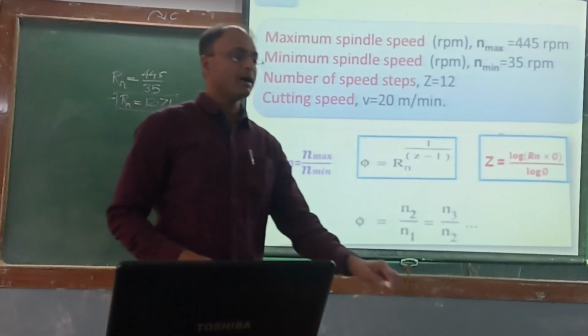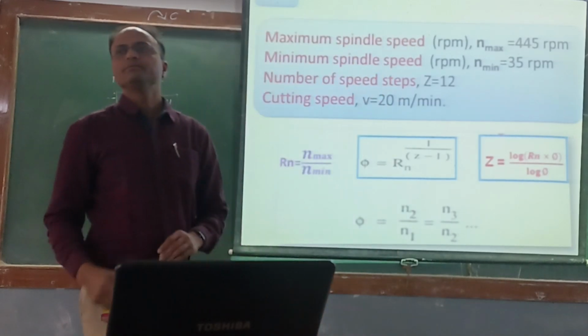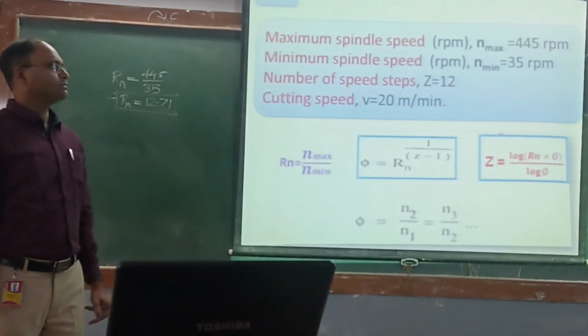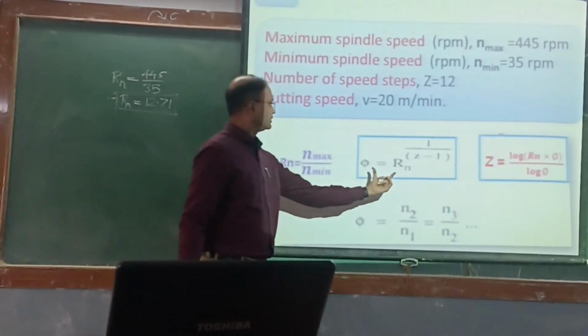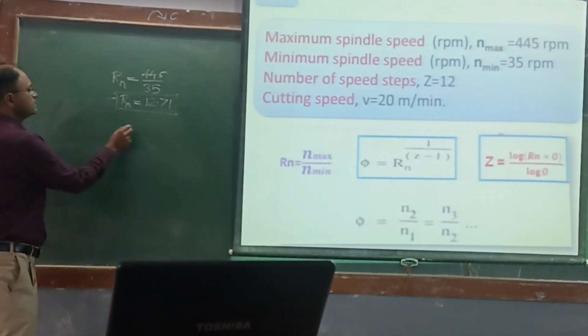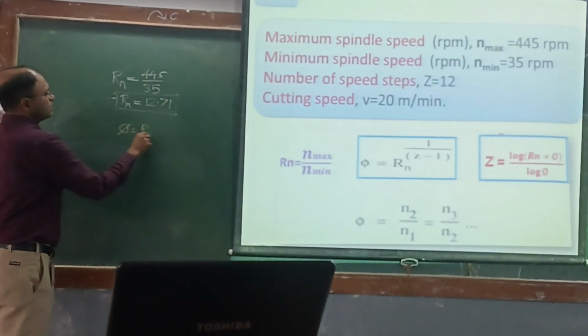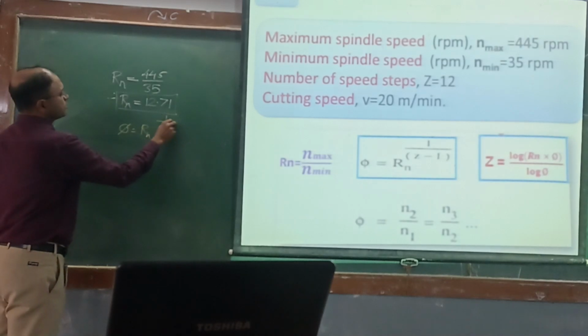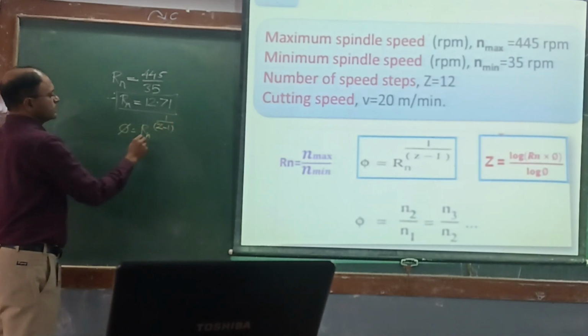Next, we have to find phi. Calculate phi by using the equation Rn raised to 1 upon z minus 1. So phi is equal to Rn raised to 1 upon z minus 1.